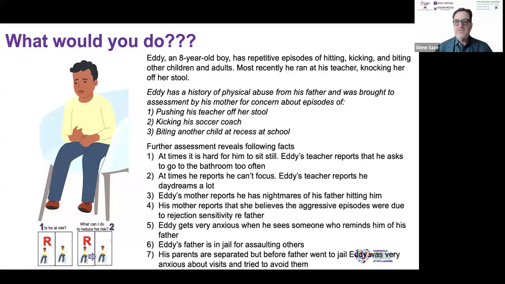What would you do with this information? Any thoughts? Folks can throw it directly into the chat. The chat just comes back to the moderators, but we will see it and read it out. Or you can raise your hand and we will call on you. Must be someone out there with a thought.